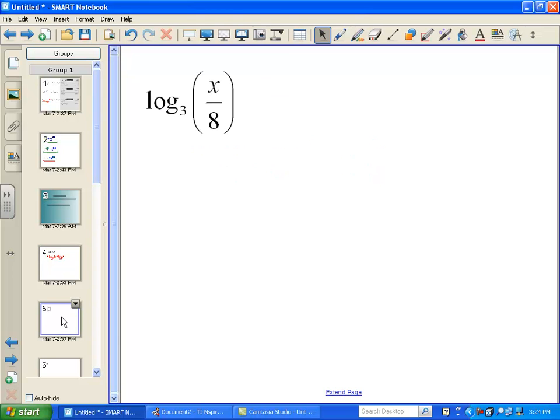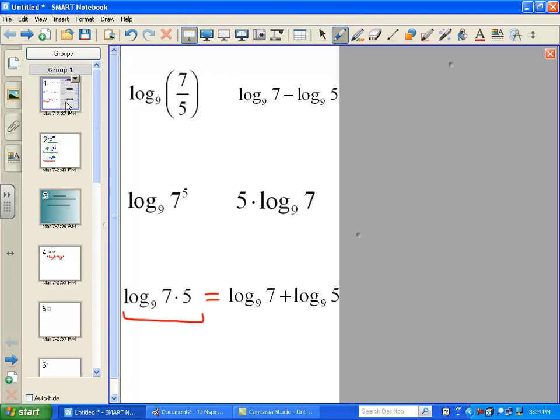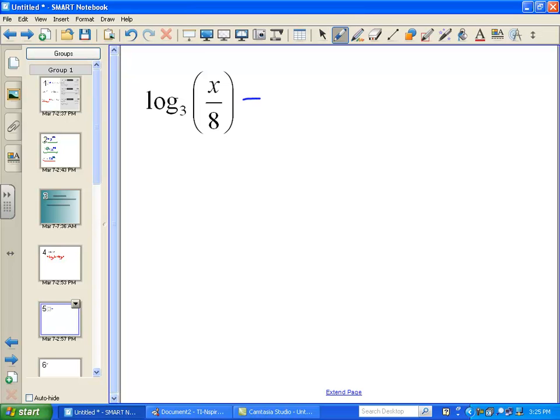So we'll look at the next one, log base 3 of x over 8. It's pretty obvious I've got x divided by 8, so I'm looking for the division property. Just like with the exponential properties, where if I divide numbers, I subtract the exponents, here I'm dividing these numbers, so I'll subtract.